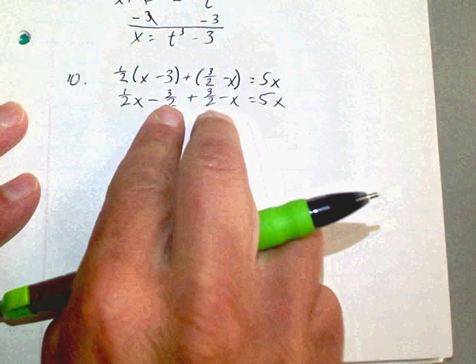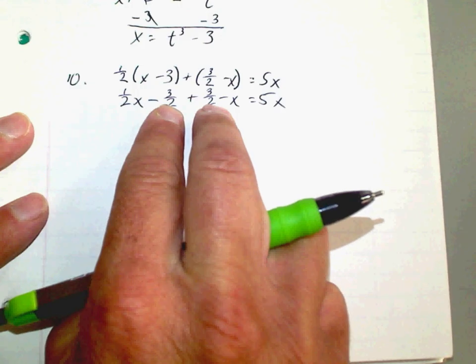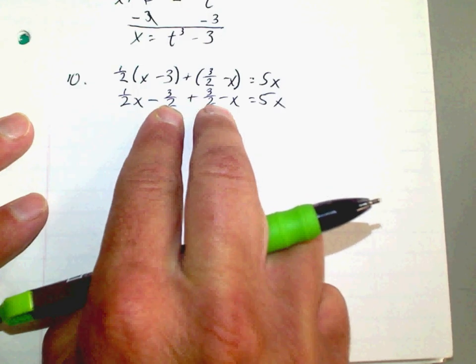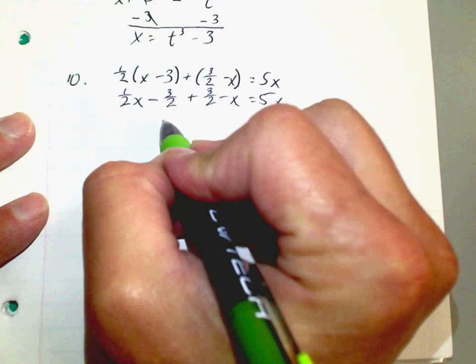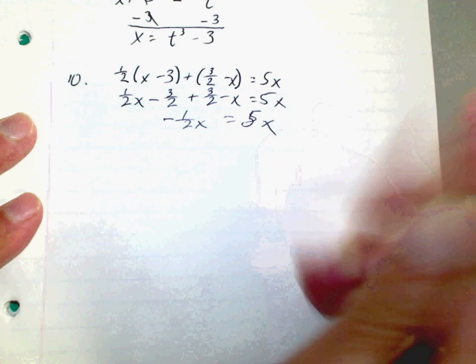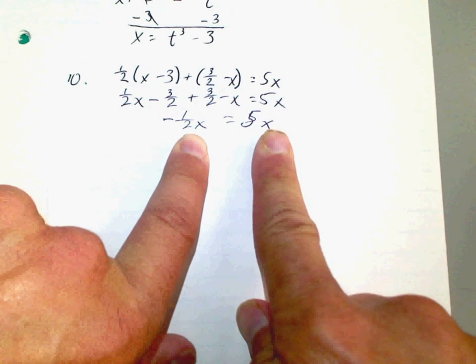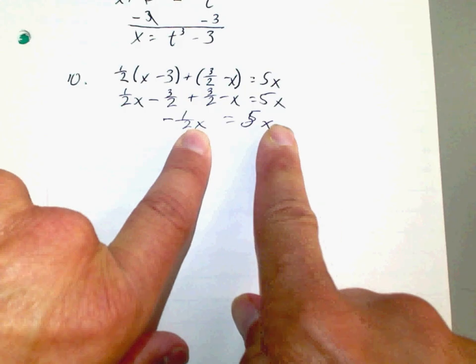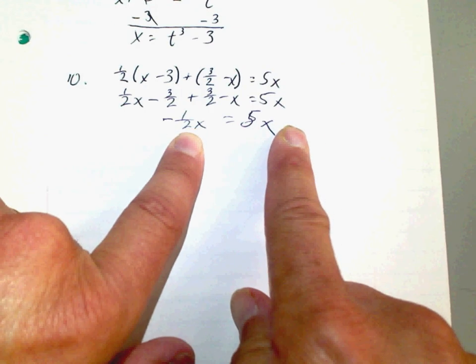Yeah, there's some property. Inverse property of addition. You add the opposites, they cancel. And then you have a positive half and a negative half, so that's a negative 1/2 x equals 5x. And really, mathematically, you should be able to recognize right there that 0 is the only thing I can multiply times 5 and times a negative half. 0 is the only one.